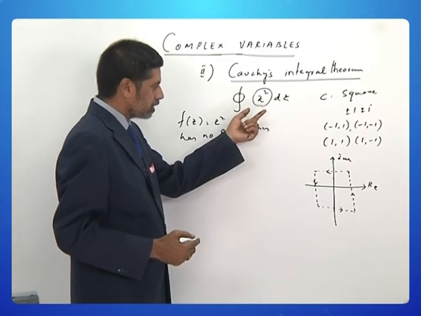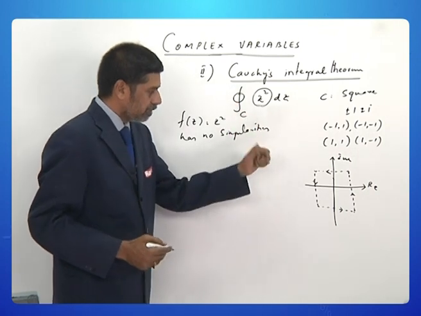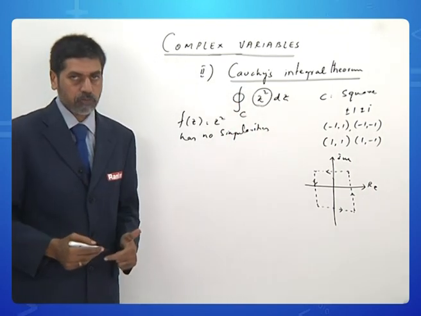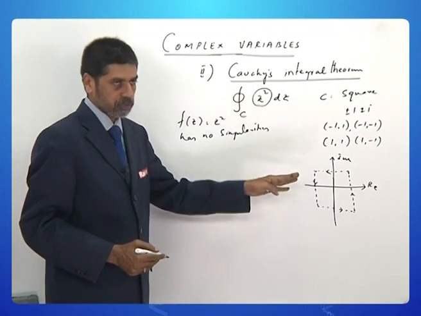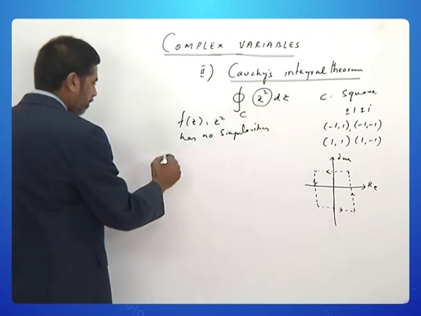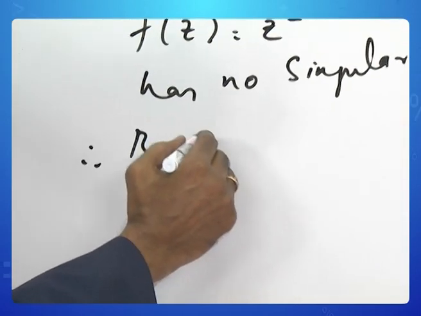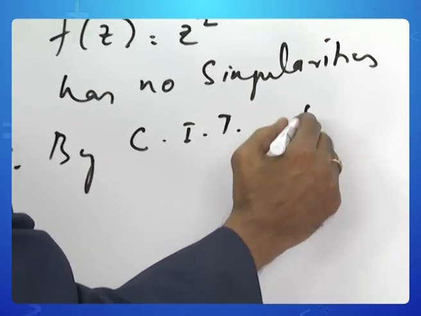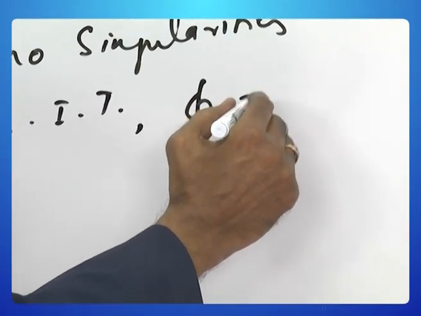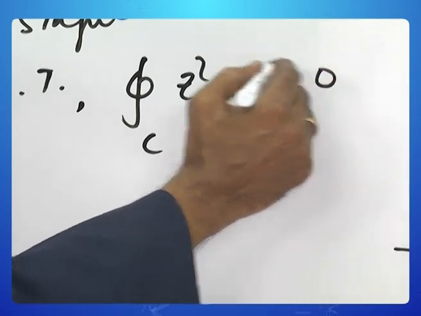It has no singularities means it is defined and differentiable at all points in the complex plane. So therefore it has got no singularities even with respect to this square. Therefore, by Cauchy's integral theorem, integral over C z square dz has to be 0.